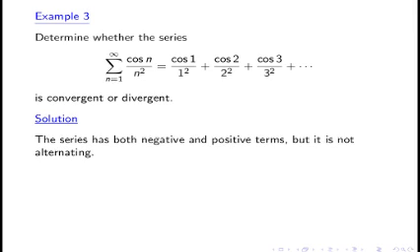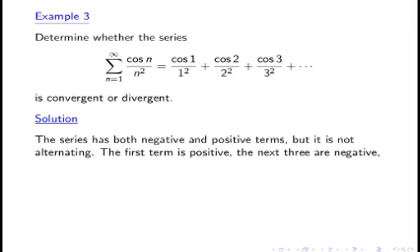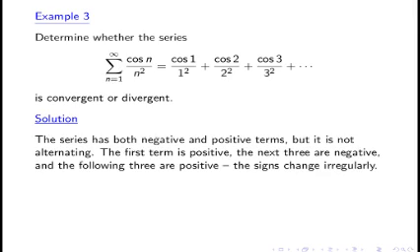In other words, one positive term, then a negative term, then a positive term, then a negative. If you go and calculate this, you will find that the first term is positive, then you've got 3 negatives, then 3 positives. And so the signs do not change in the way that an alternating series changes.